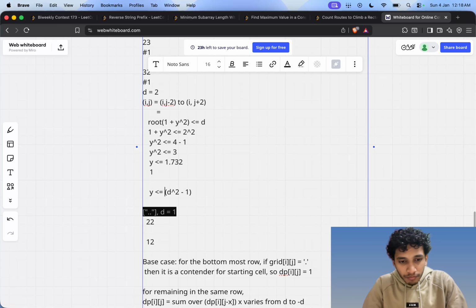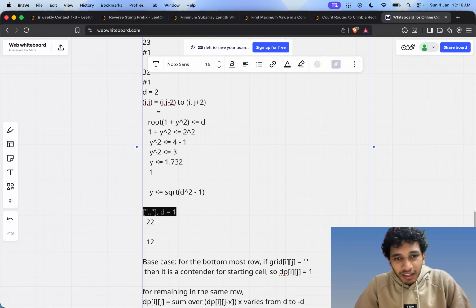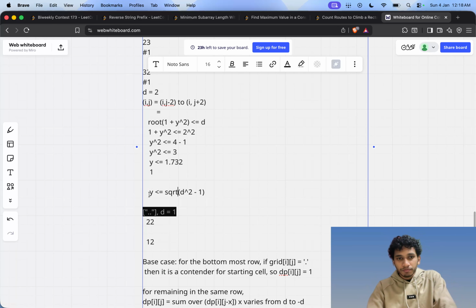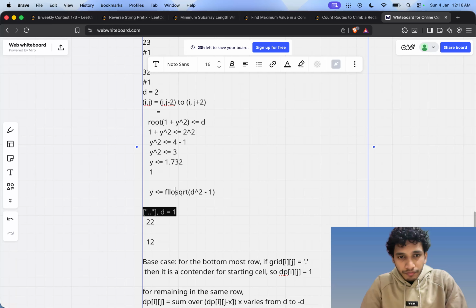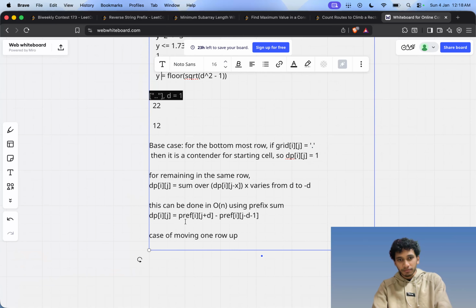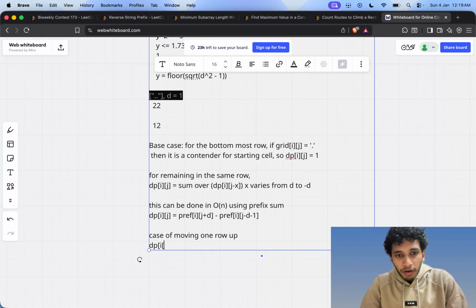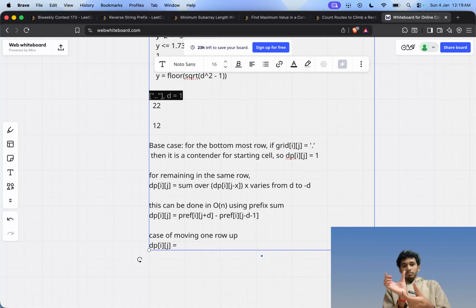sqrtl. L is for long because this is an integer. You can use sqrt as well, and take a floor of it. This is our y. Now do the same thing, that is dp of, because we already have the prefix sum and we want the values of the lower row from y cells backward up till y cells forward.